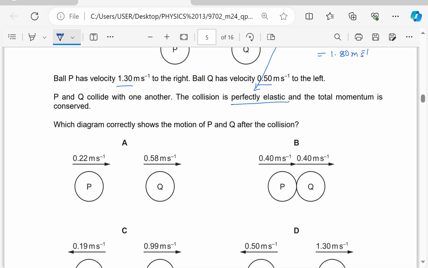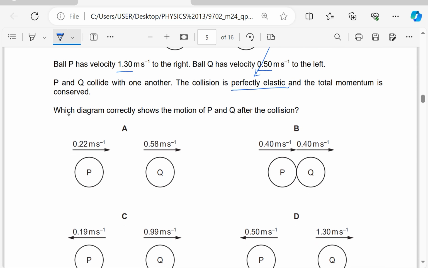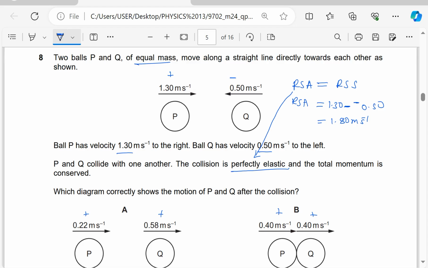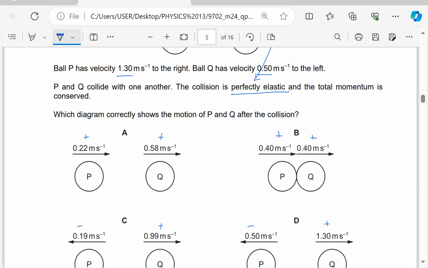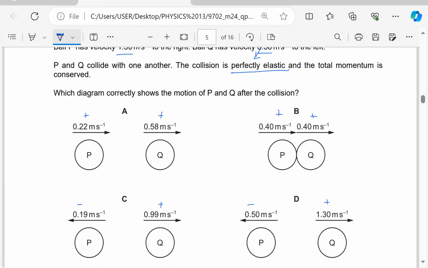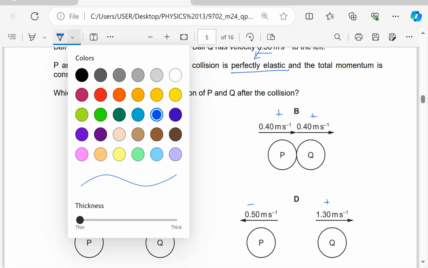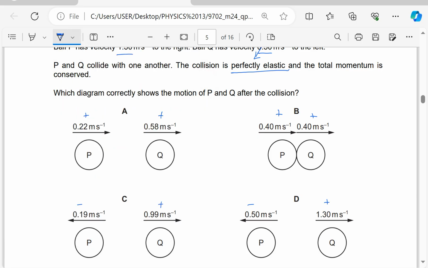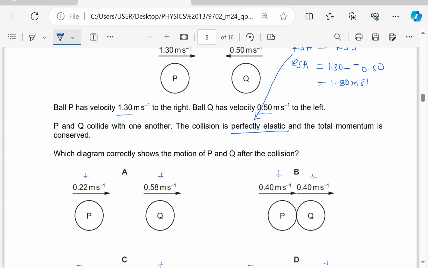Remember, velocity is to the right positive, to the left negative. But since we started with the velocity to the right, then velocity to the left, we should always maintain that order. For example, for A, they are both to the right.